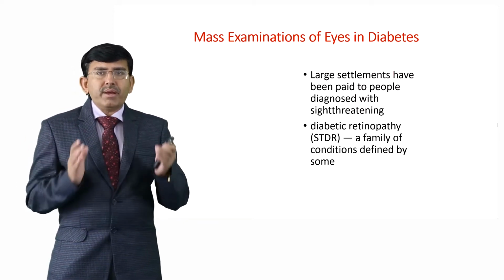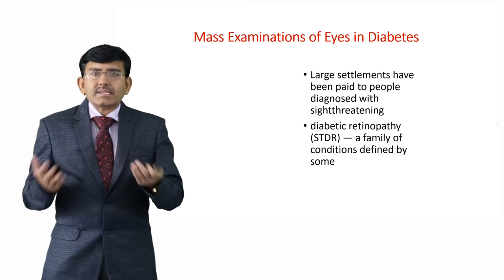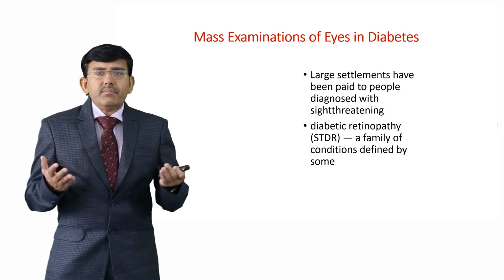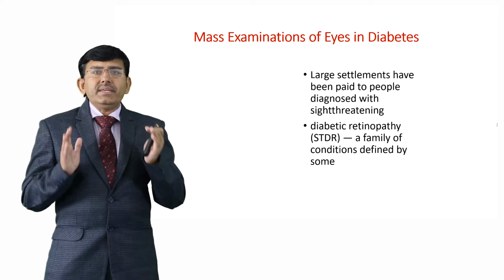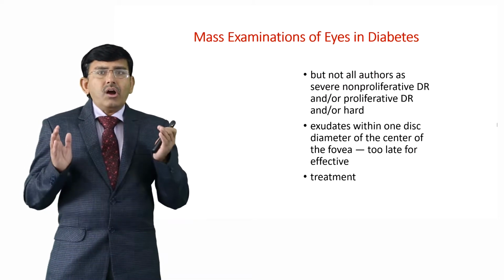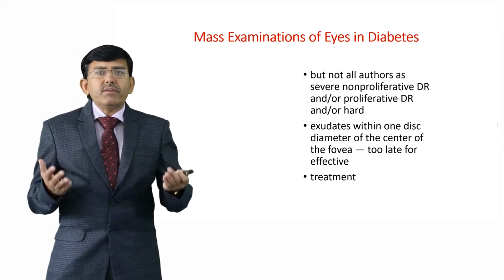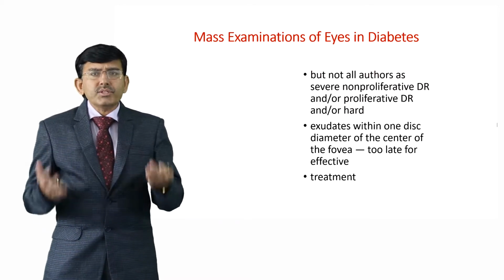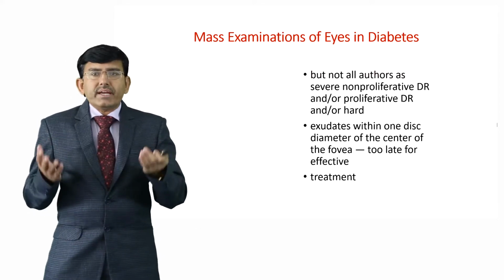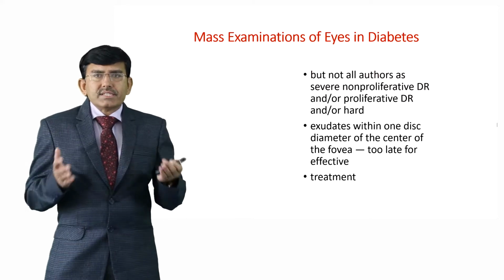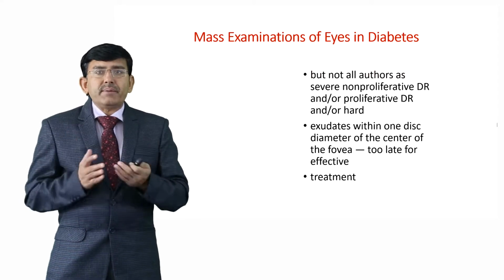Large settlements have been paid to people diagnosed with sight loss, vision loss from diabetic retinopathy, a family of conditions defined by some but not all authors as severe non-proliferative diabetic retinopathy and proliferative diabetic retinopathy, which are sometimes hard exudates or sometimes soft exudates within one disc diameter of the center of the fovea, too late for effective treatment.